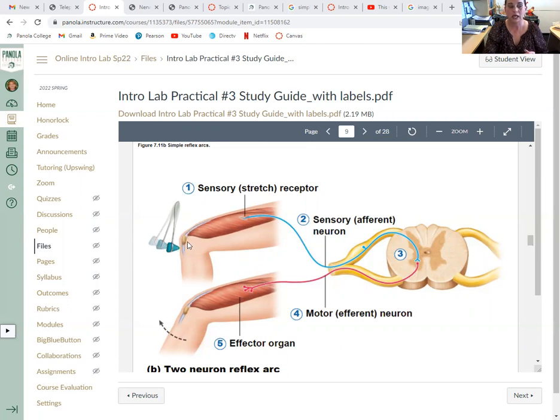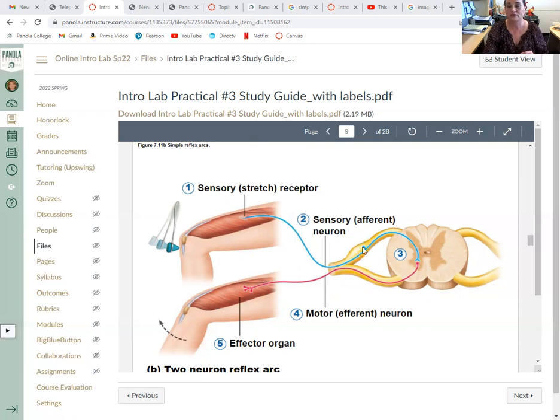When he hits the knee, that sends information along the sensory receptor through the sensory neuron into the brain or spinal cord, where that information gets integrated. Then a command is sent out the motor or efferent neuron to the effector organ, and the effector organ causes some change, which here is kicking the leg out.